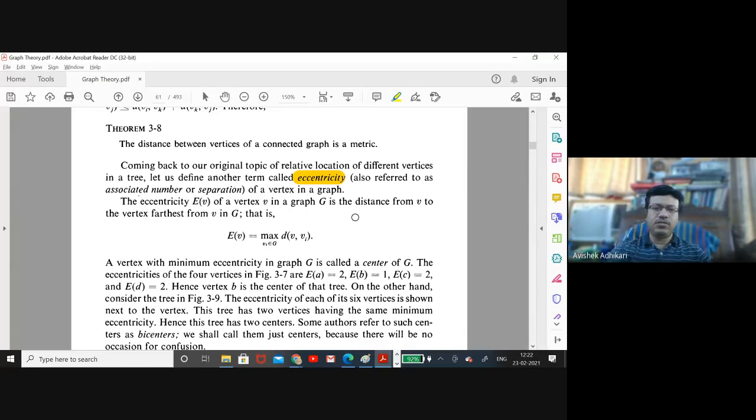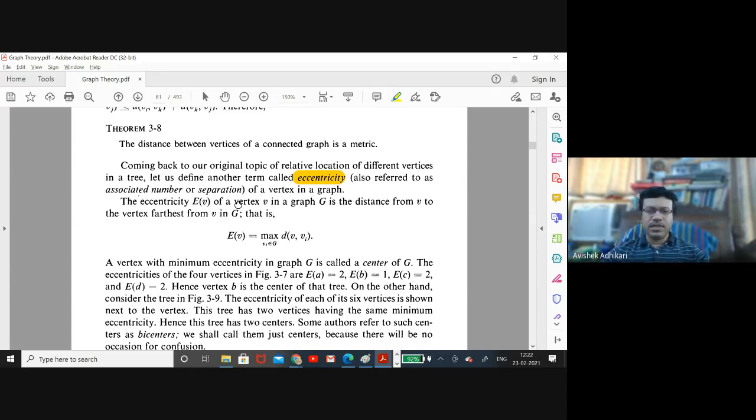So let us try to define this. Coming back to our original topic of relative location of different vertices in a tree, let us define another term called eccentricity, also referred to as associated number or separation of a vertex in a graph.